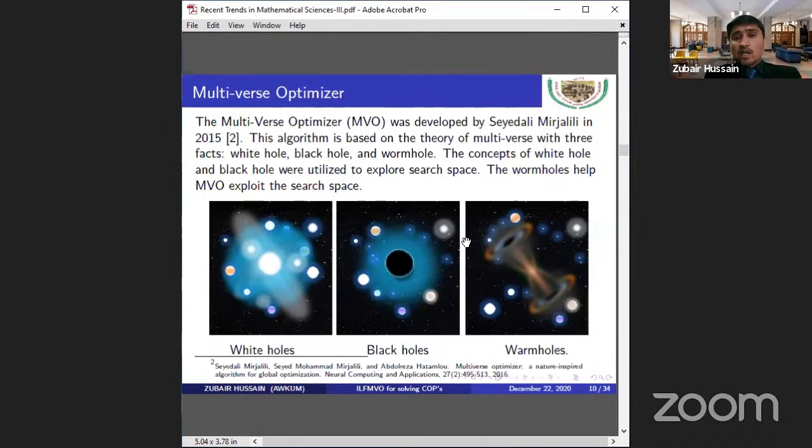In 2015, Mirjalili was inspired by the multiverse theory. He developed a technique called the multiverse optimizer, and this algorithm is based on the multiverse theory, which consists of three facts: white hole, black hole, and wormhole. The white hole and black hole were utilized to explore the search space, and the wormhole helps MVO exploit the search space.